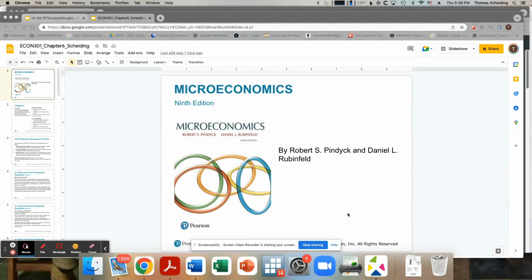So in this chapter, chapter 6, things are going to be a little bit more common sense because we're talking about production and the idea that the problem is that firms need to decide how to use their inputs to make whatever their output good is. And so that's kind of our goal here.